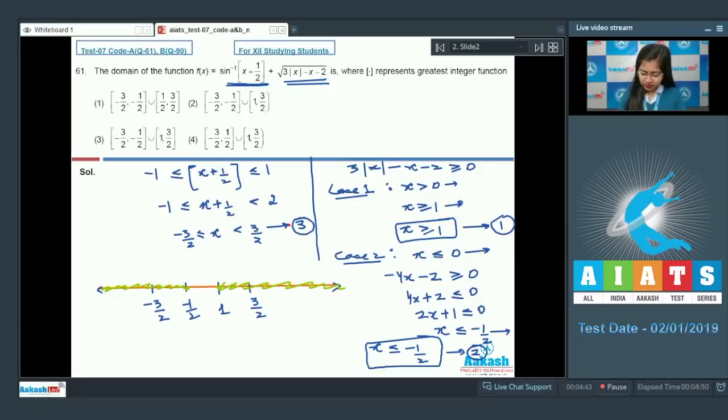And equation 3 takes the values from minus 3 by 2 to 3 by 2. Here it is closed and here it is open. Hence we can say that intersection of these two will give the values of x belonging from minus 3 by 2 to minus 1 by 2 union 1 to 3 by 2 open, right? So the correct answer will be option number 2.